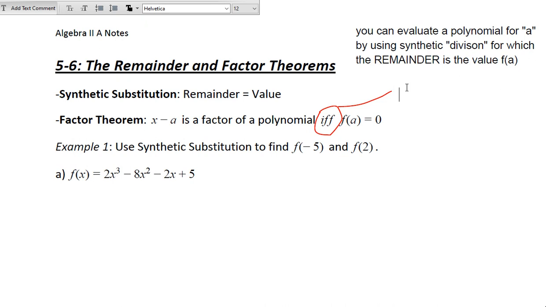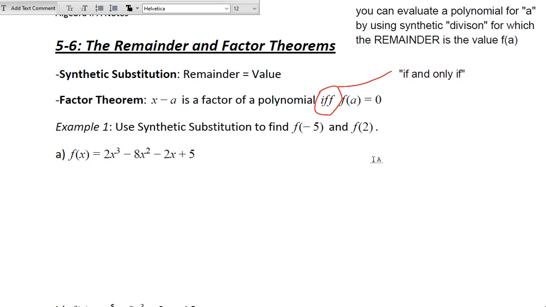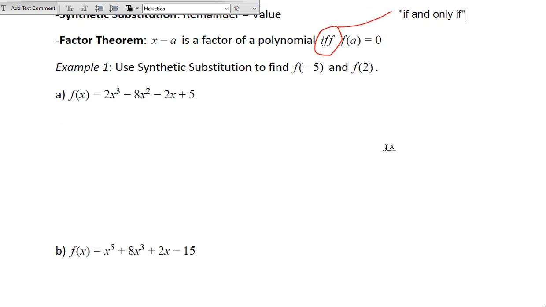You probably used it in geometry proofs maybe, but this means if and only if. So this is a factor if and only if when I plug in A to F, my remainder is 0. So if I plug in A for some value of x, y is 0, which we've used that many times before. Okay, so what does this look like?